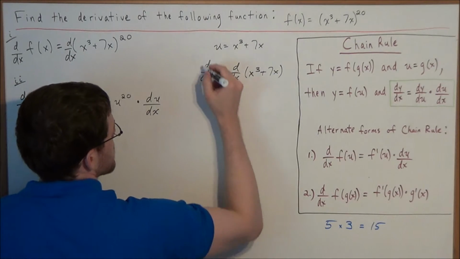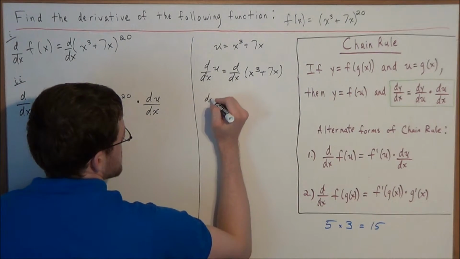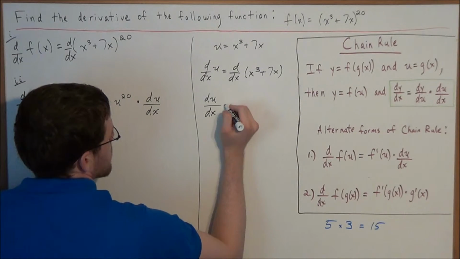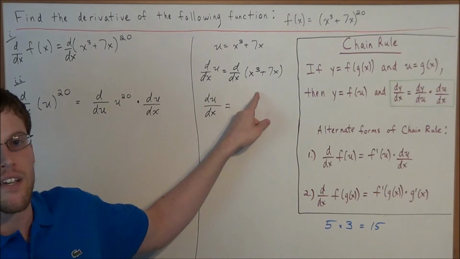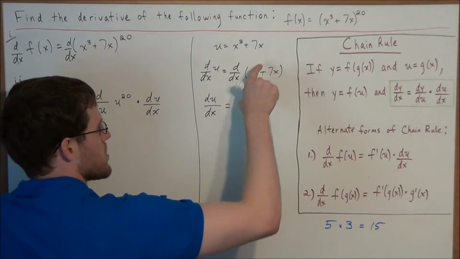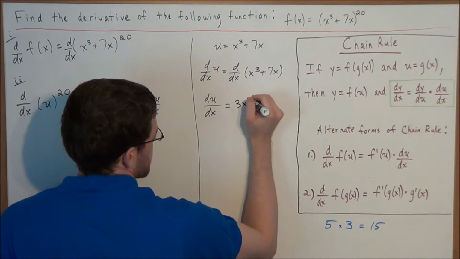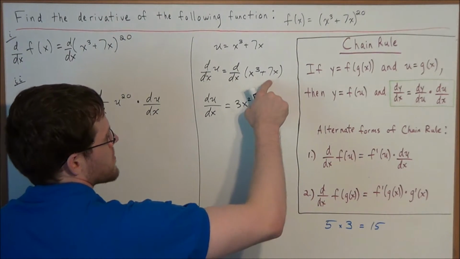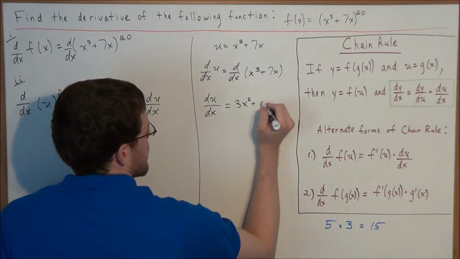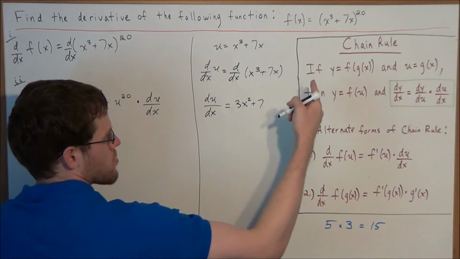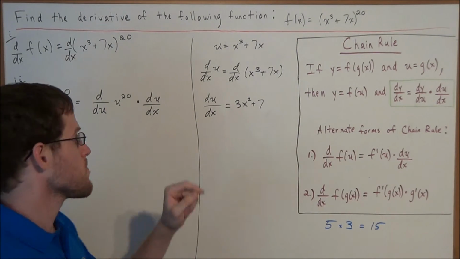So on the next line here, we'll make a little separation. We have du dx equals, and now what is the derivative with respect to x of x to the third? That would be 3 times x to the 3 minus 1, or 3x squared. And now we have the derivative of 7x. We have 1 times 7 is 7. And now we have x to the 1 minus 1, or x to the 0. So all we're left with is 3x squared plus 7.